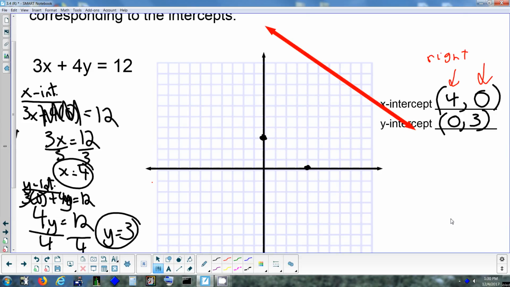And this is the up and down, but the up and down is 0. So you just go right 4, don't go up and down at all. The x is right and left. If the x is positive, go right that many numbers. If the x is negative, go left that many numbers. Y is up and down. If y is positive, go up. If y is negative, go down.